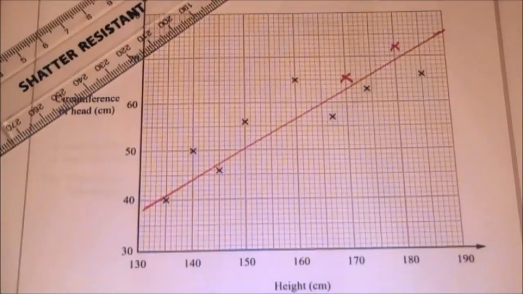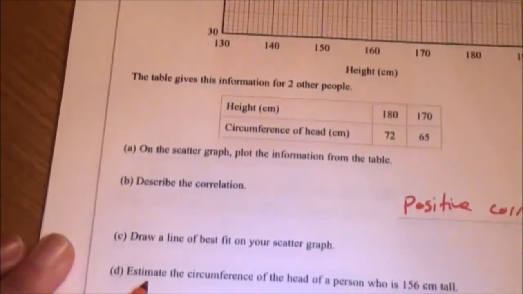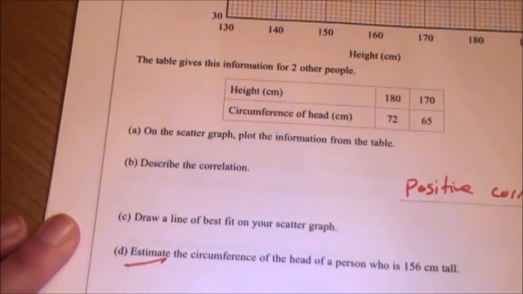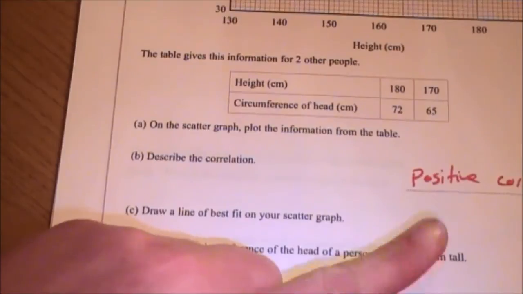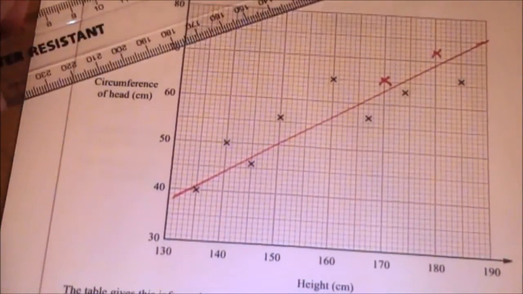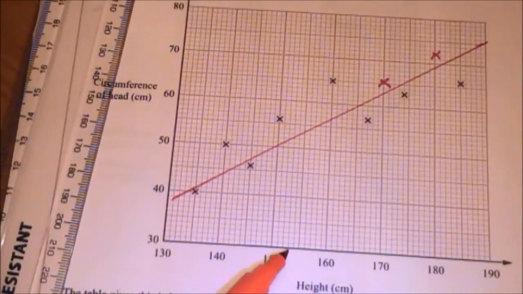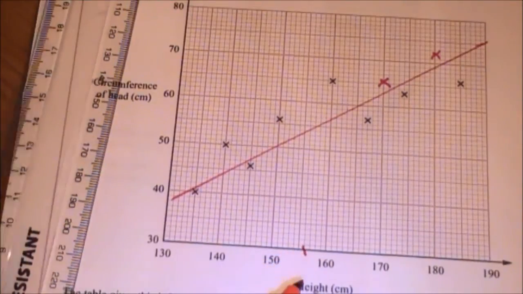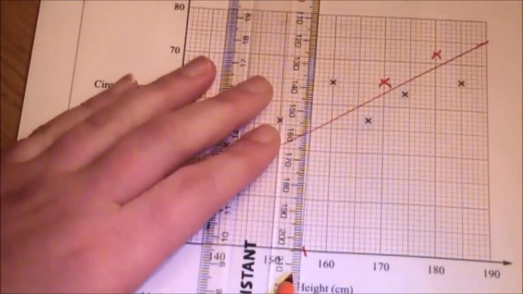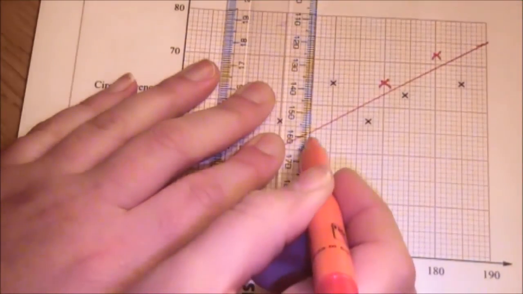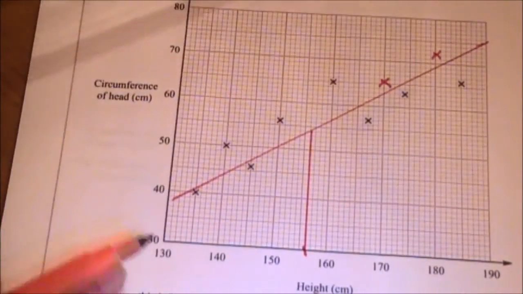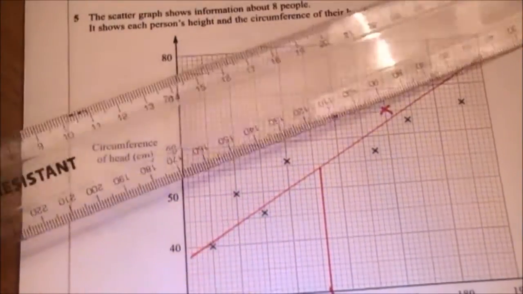And then part D asks us to estimate. And the fact that it's asking us to estimate means they want us to use the graph. Estimate the circumference of the head of a person who is 156 centimetres tall. So there's 155, 156, which is there. I'm going to show it on my graph. I'm not going to make the mistake of simply looking up and reading where I think.